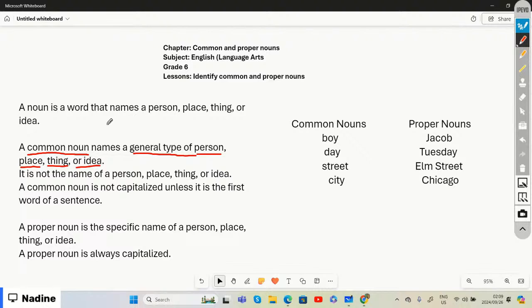A common noun is not the name of a specific person, place, thing, or idea, right?